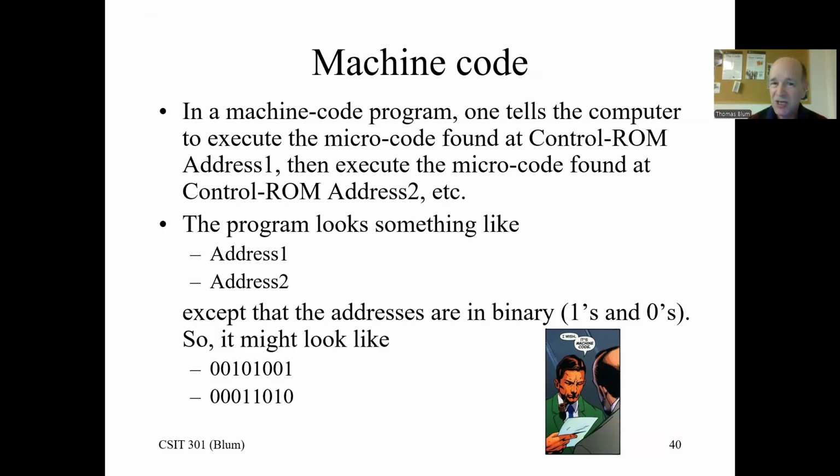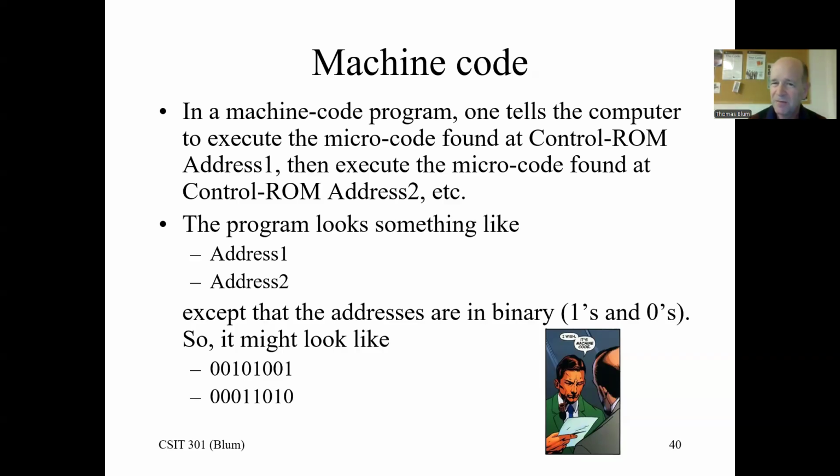The machine code program is mixing in some data as well, but the opcode part of it is saying go to this address of ROM. ROM is addressable. Go to this thing in ROM, perform the microcode, then go to the next thing.